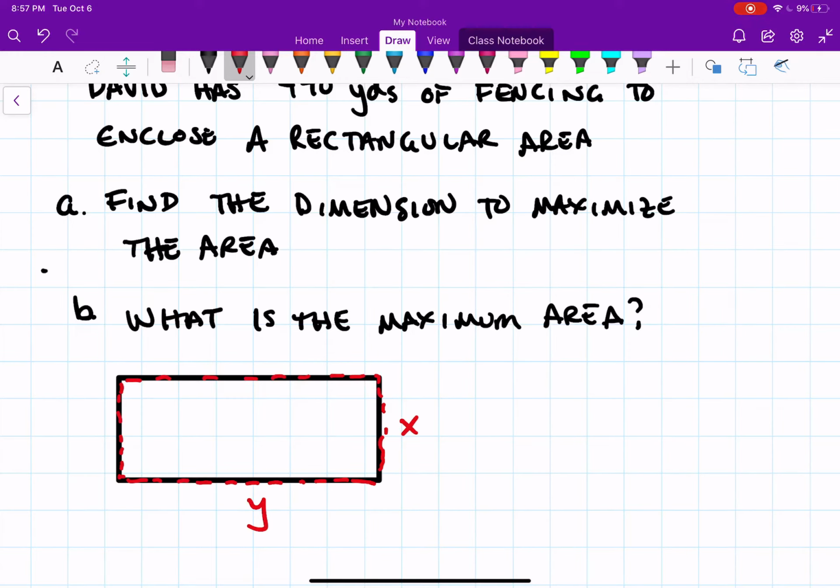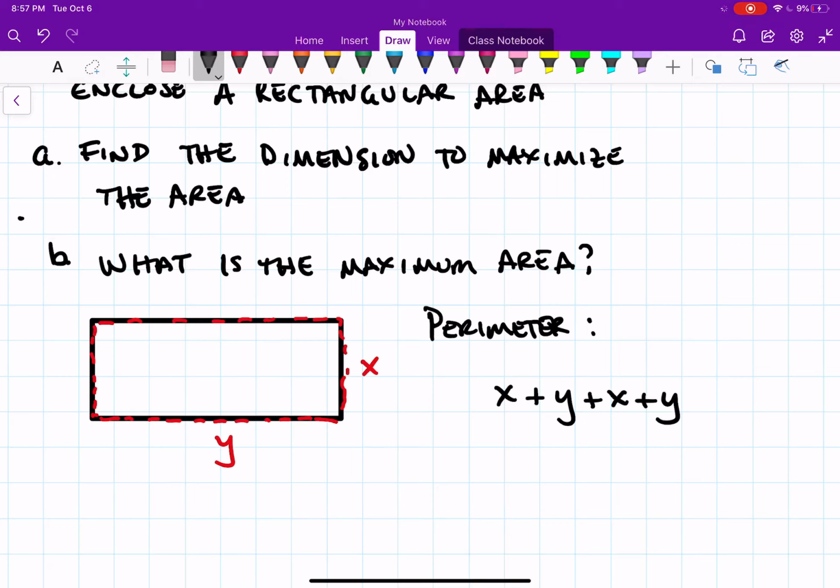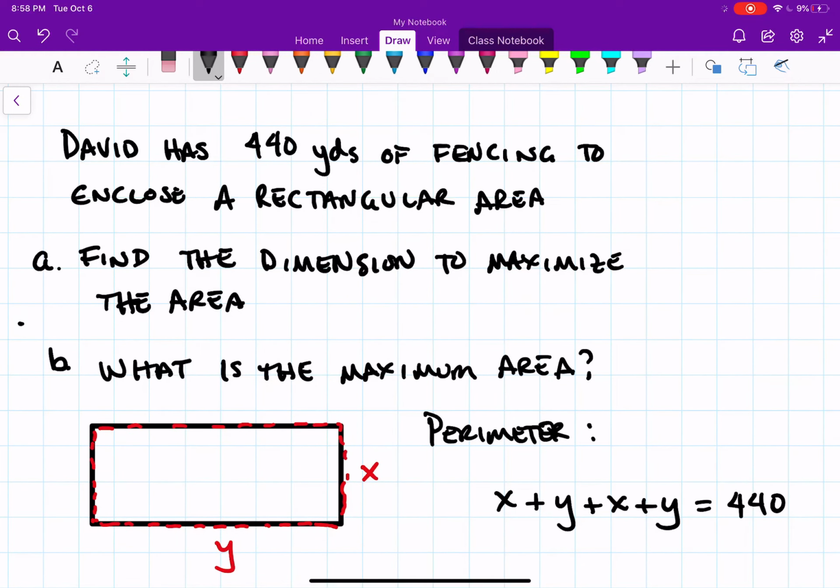All right? So what information do I know about a rectangle? Well, with a fence, since it's surrounding it, then I must be talking about perimeter. Now, yes, I know I'm maximizing area. I understand that. But the perimeter is x plus y plus x plus y, and that's going to equal 440, because 440 is the amount of fencing I have that would wrap around this rectangle, which would be the perimeter of that rectangle.